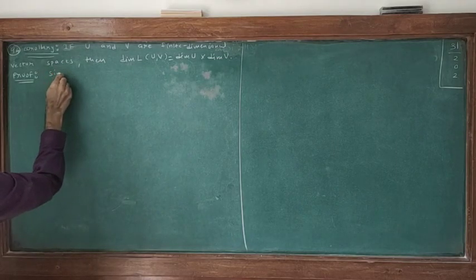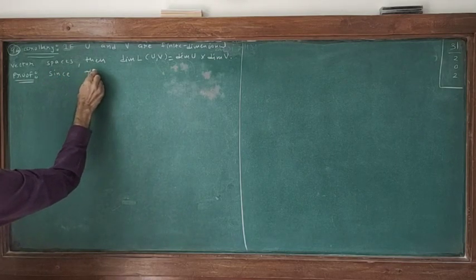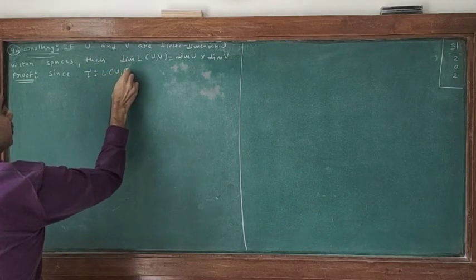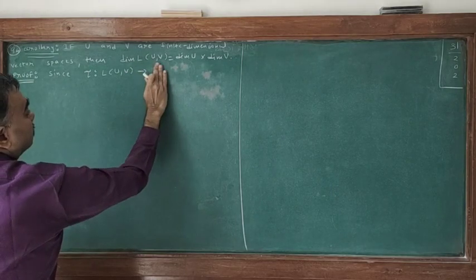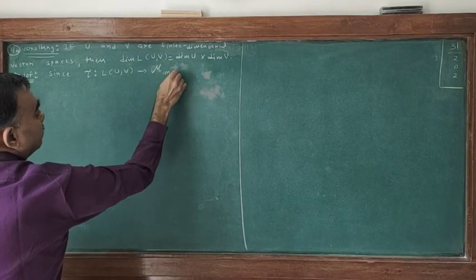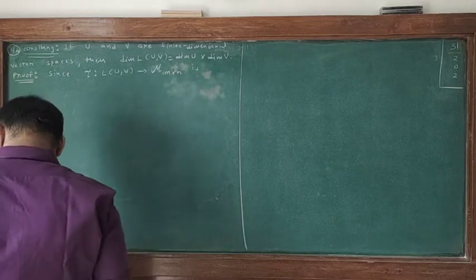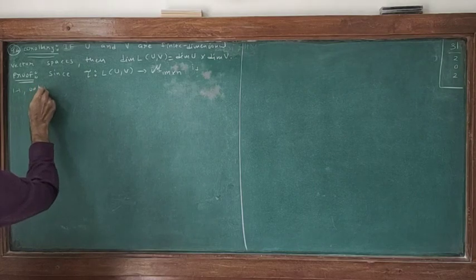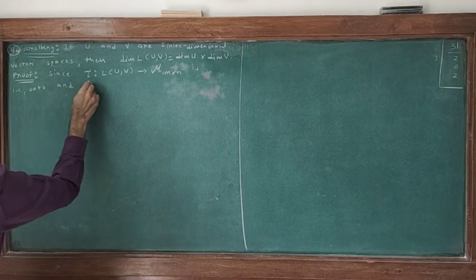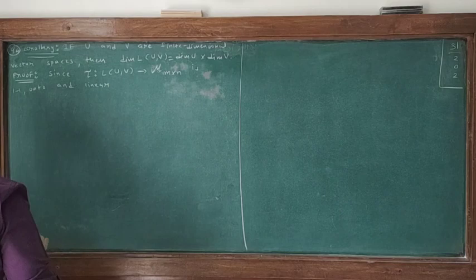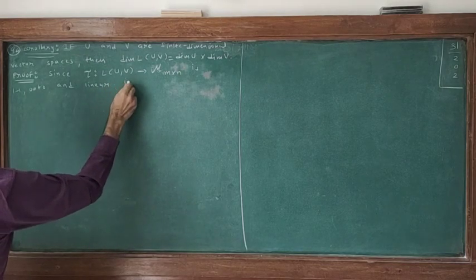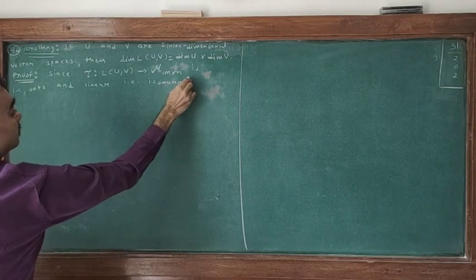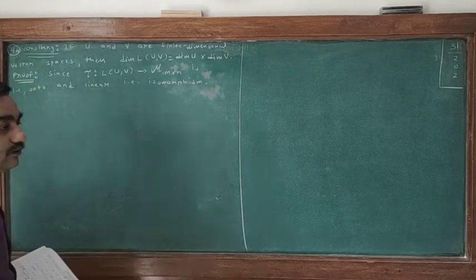Since tau from L(U,V) to script m cross n is 1-1, onto and linear, that is an isomorphism.